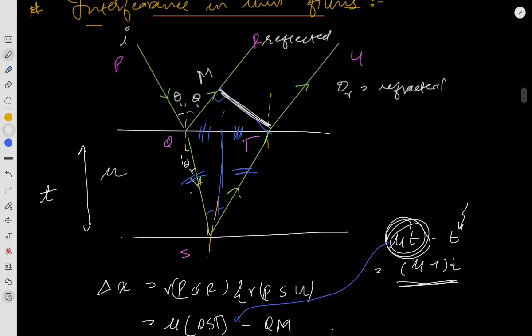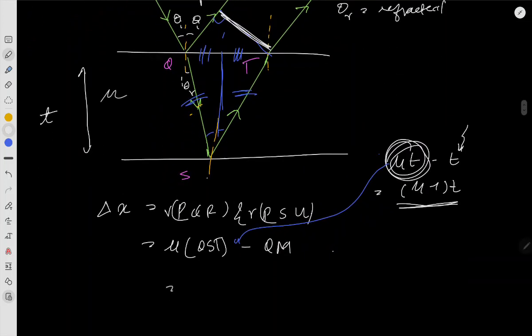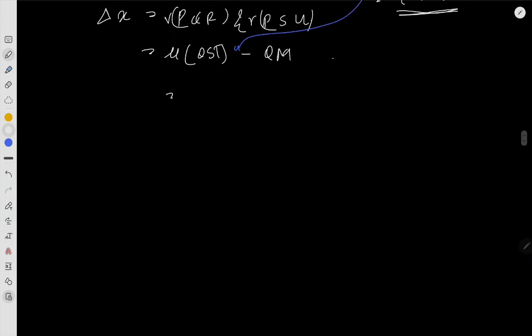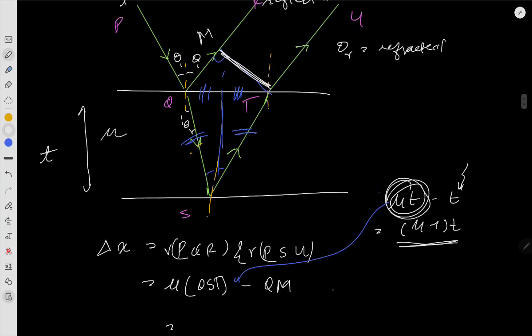Okay, let us assume this theta r. Yes, we know that QS equals ST. Just now we proved it. QS equals ST.